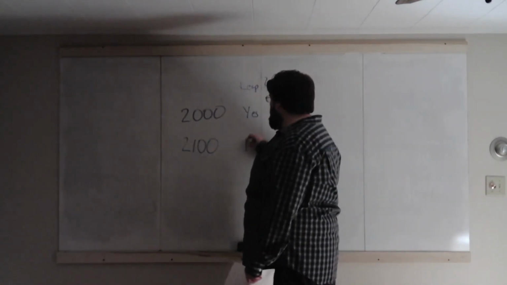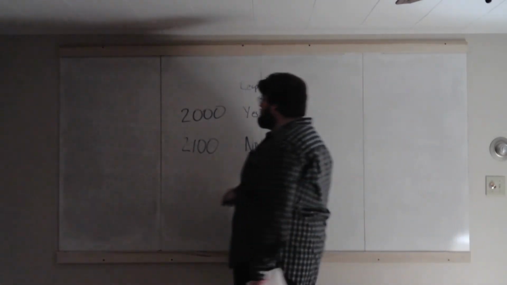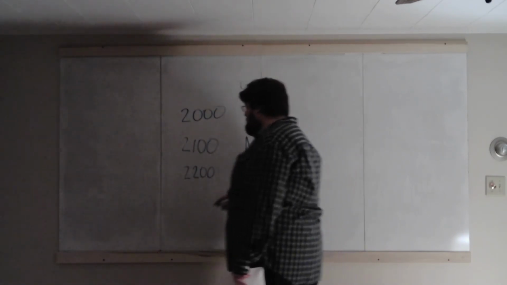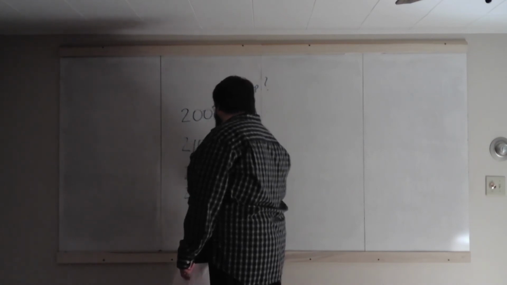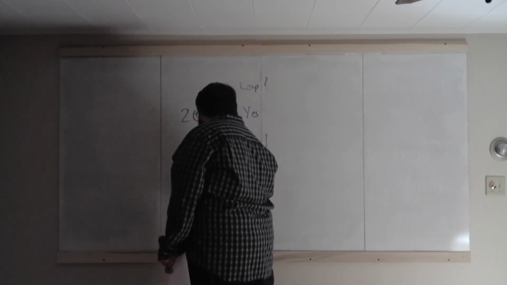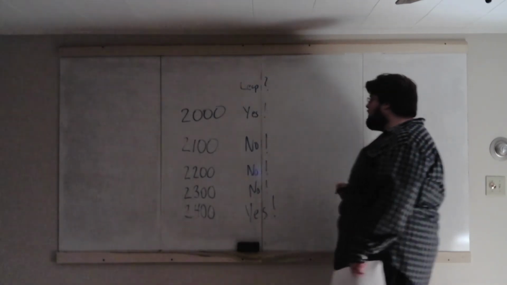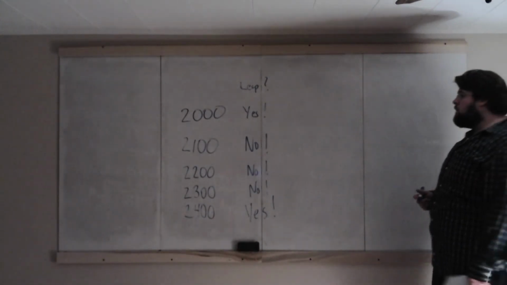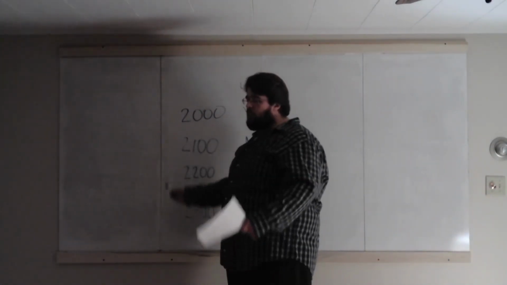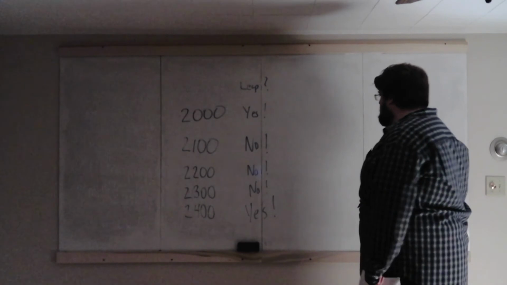But no, there's no leap year in 2100. 2200, there is no leap year. 2300, there's no leap year. 2400, there is a leap year! A leap year occurs in a year which is a multiple of 400, but it does not occur in a year which is a multiple of 100 but not a multiple of 400. And then, of course, every 4 years other than these, it does occur.